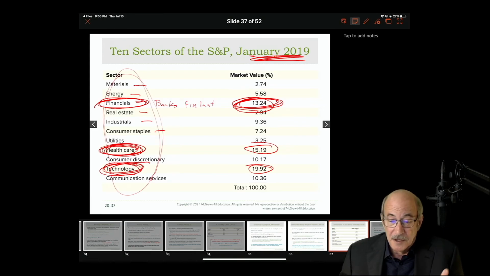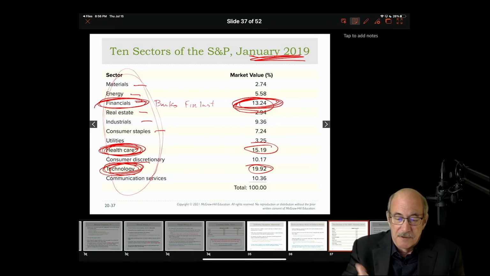So just as a side point, I thought I'd bring that to your attention. It's kind of interesting how big a chunk of the economy finance actually occupies. So when you add the financial components of all these other industries, we're well up into the 20s.